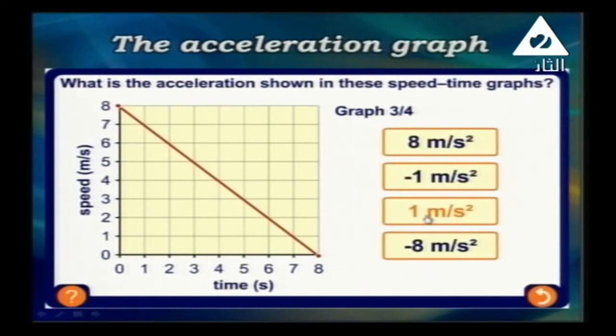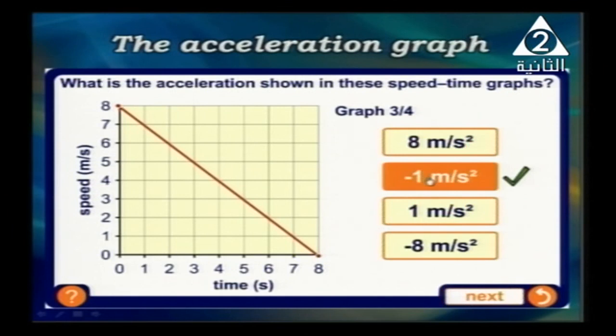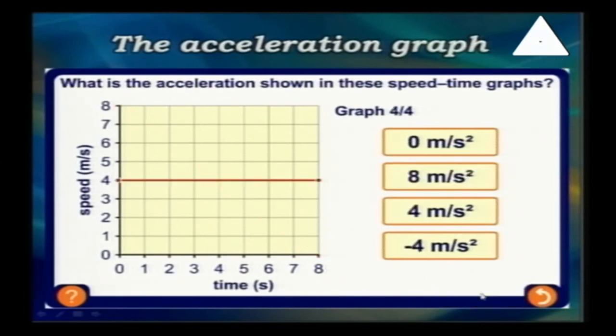It means 1 meter per second square, mister. Wrong. Why? Because it is negative 1. Thank you. Why? Because it moves down. It means a gradient. It moves down from up to down. So we have what? We have decreasing acceleration. So we have decreasing speed. Deceleration.